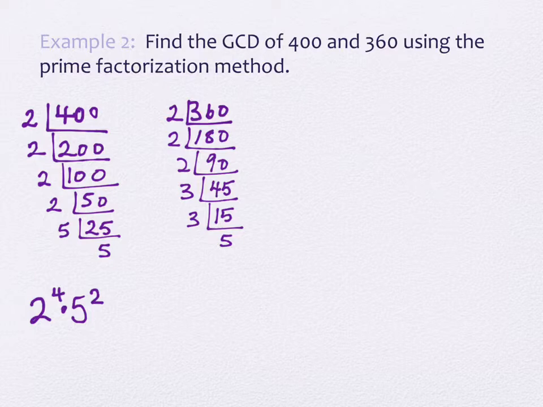Okay, so I've got how many 2s? And then I've got a 3 squared, and then 5. Okay, everybody good? Okay, so these are what we're comparing now, this listing of factors like that.